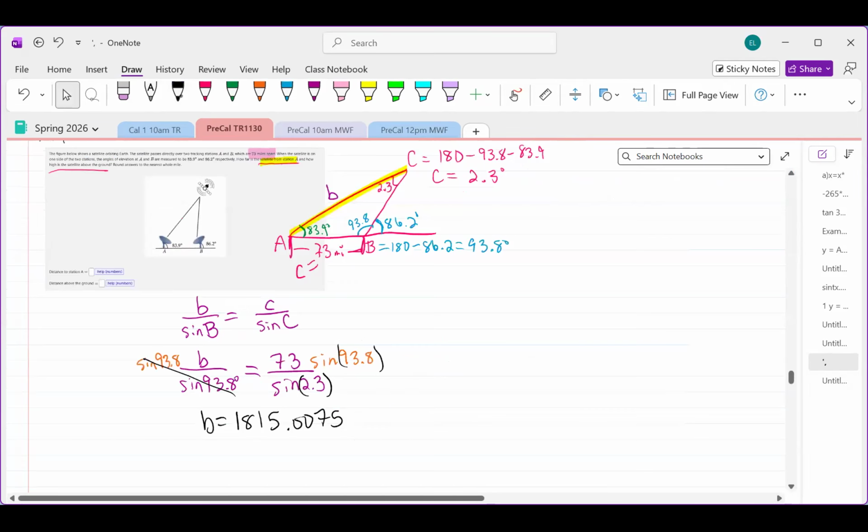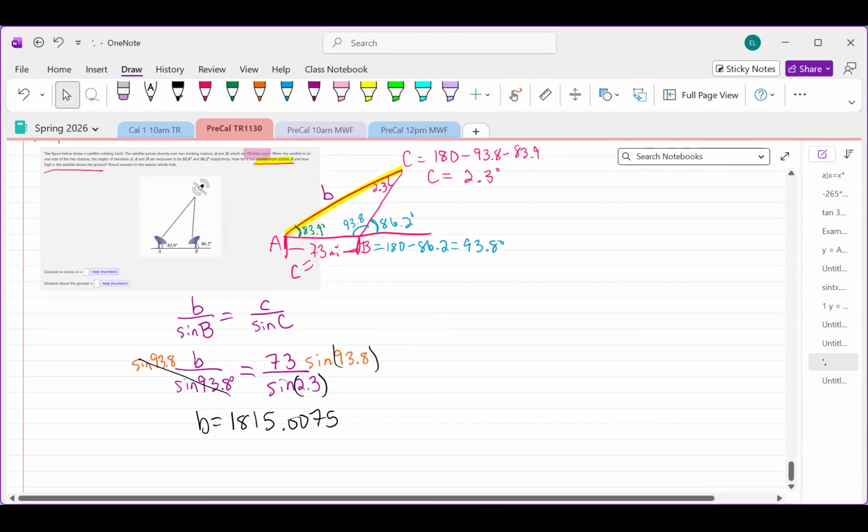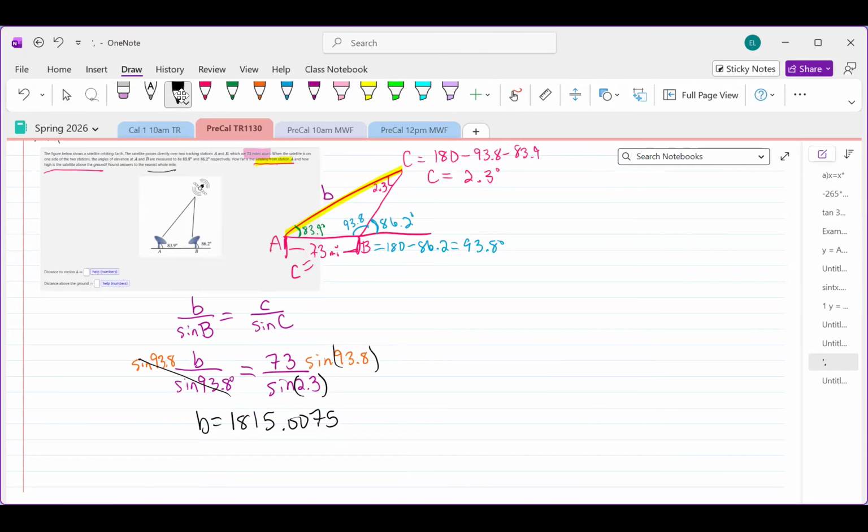But in math land, the Earth is flat and all the satellites orbit flat Earth at whatever height they're at, because mathematicians are not good at thinking about how numbers work in reality. They did say round to the nearest whole mile, so we are going to type in 1815 for the first blank.